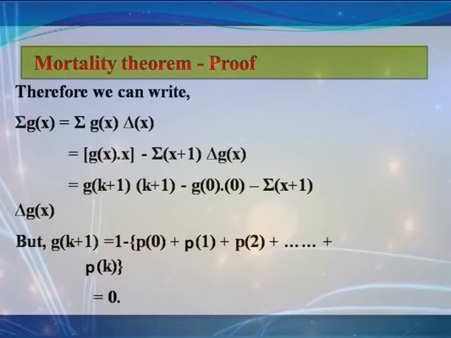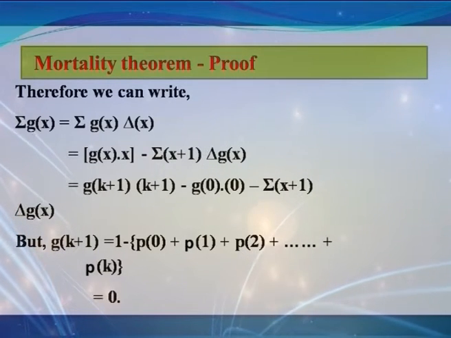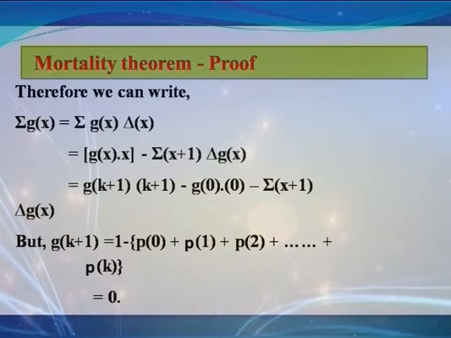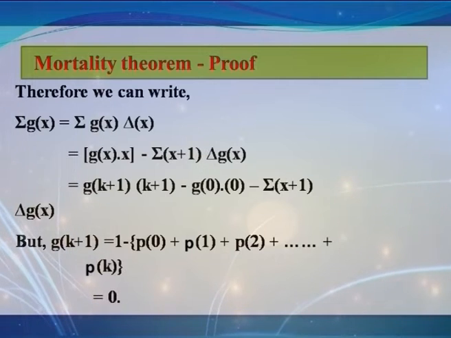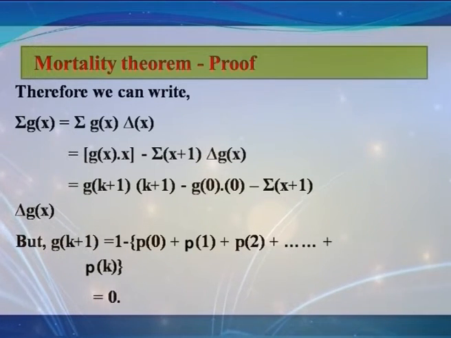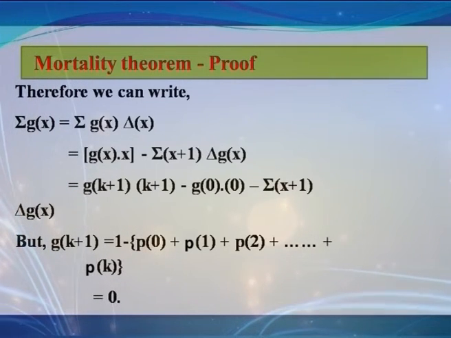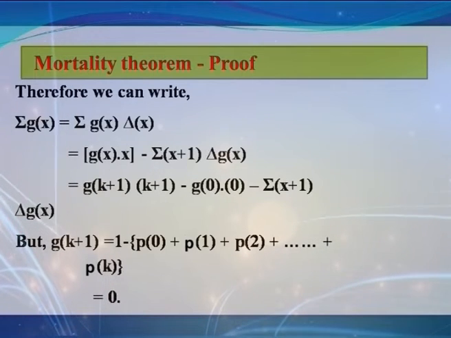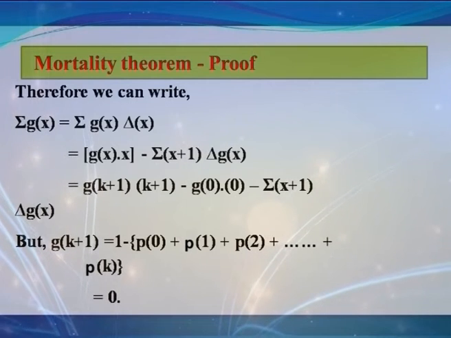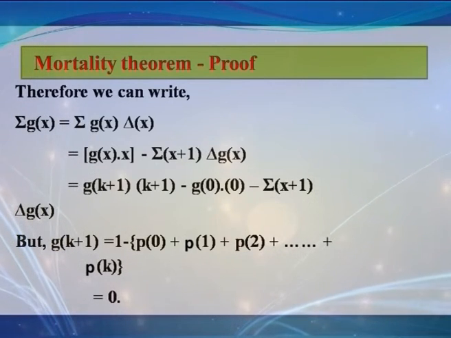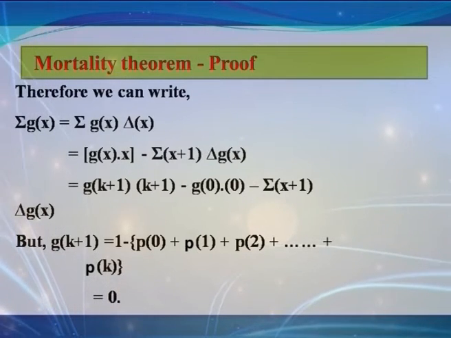Therefore, we can write summation g(x) is equal to summation g(x) delta x, which is equal to g(x) x minus summation (x plus 1) delta g(x), which is equal to g(k plus 1)(k plus 1) minus g(0) times 0 minus summation (x plus 1) delta g(x). But g(k plus 1) is equal to 1 minus [p(0) plus p(1) plus p(2) plus up to plus p(k)], which is equal to 0.